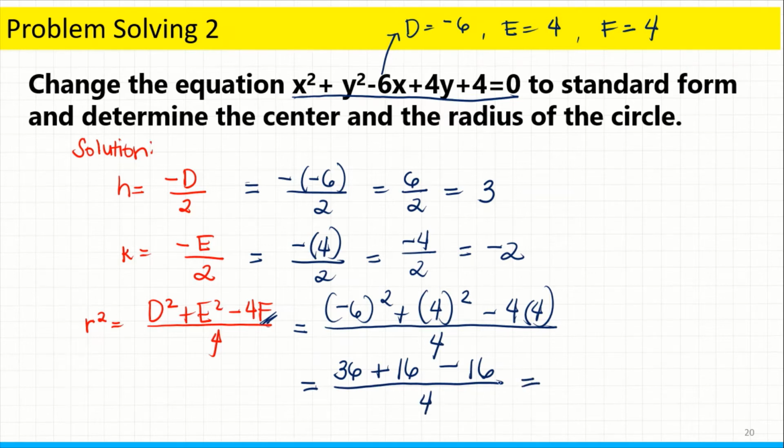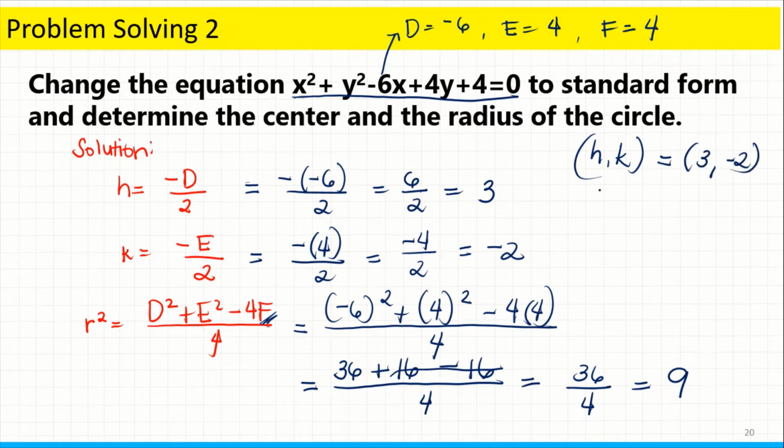So this time we have 36 plus 16 minus 16, which cancels. So 36 over 4 is equal to 9. So again, our h, k is equal to 3, negative 2, and r squared is equal to 9. Then r is equal to positive 3.